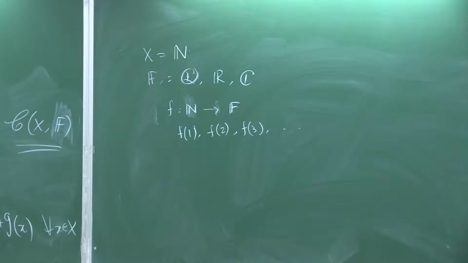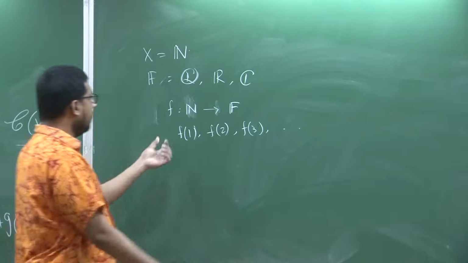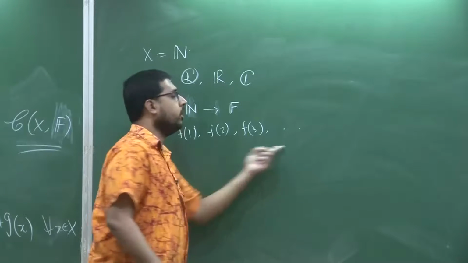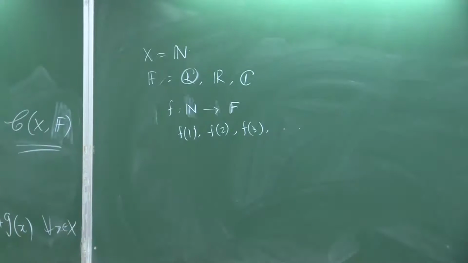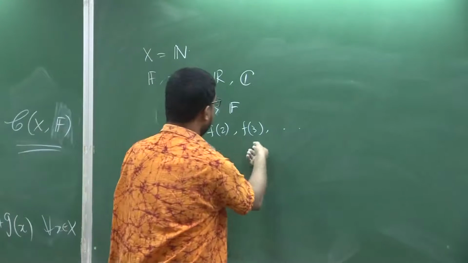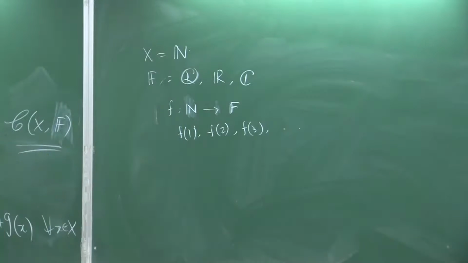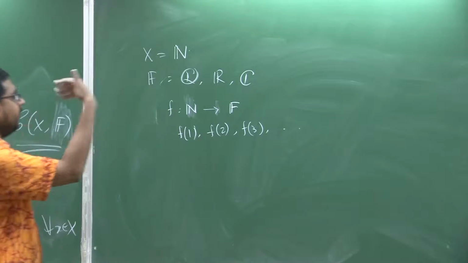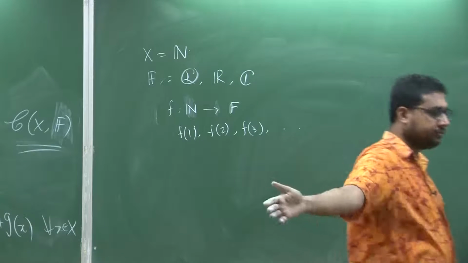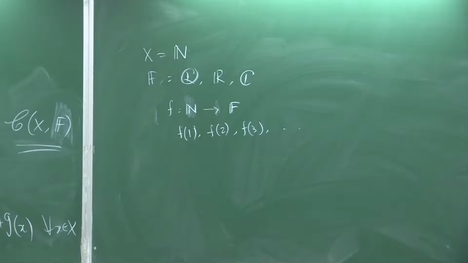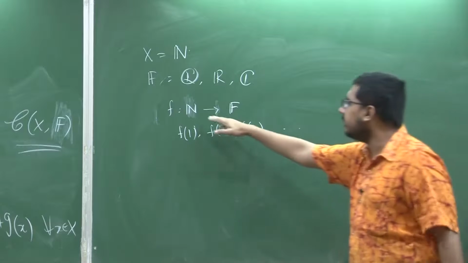For any such function you have a countable collection arranged in a way that you are not allowed to switch any of them. So we have a collection of rational numbers or reals or complex numbers indexed by this set of natural numbers.